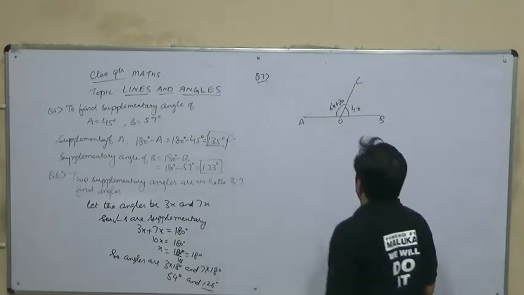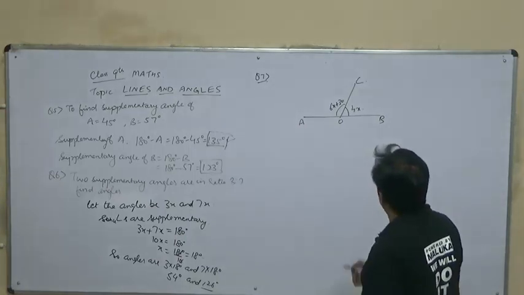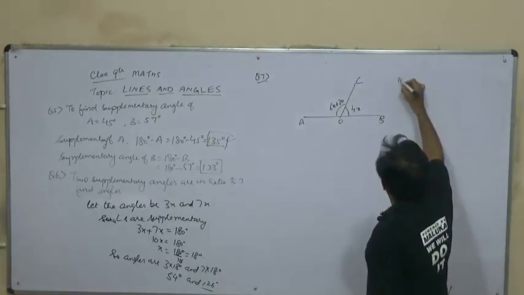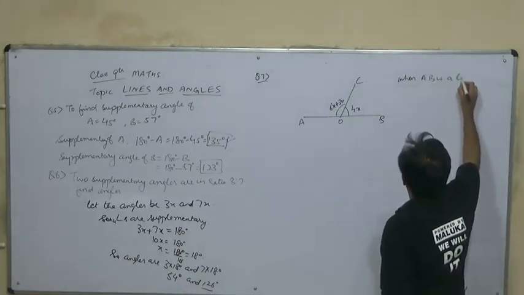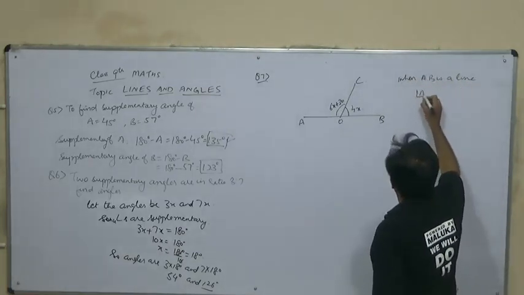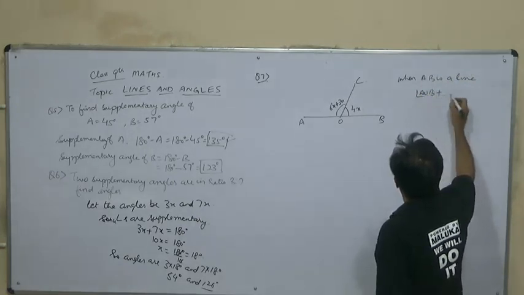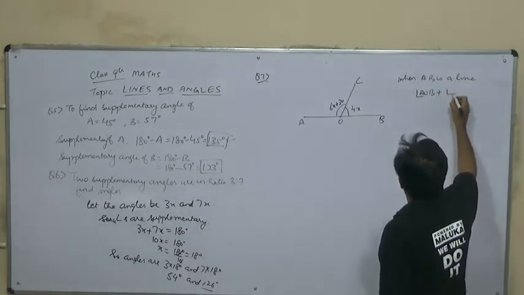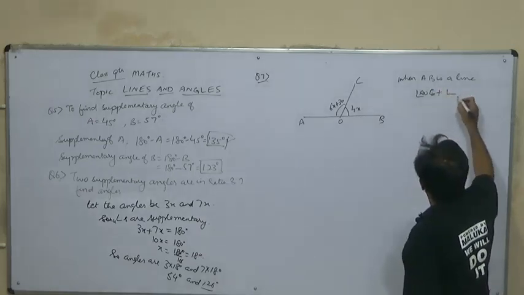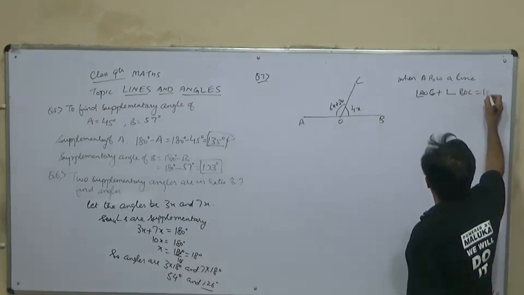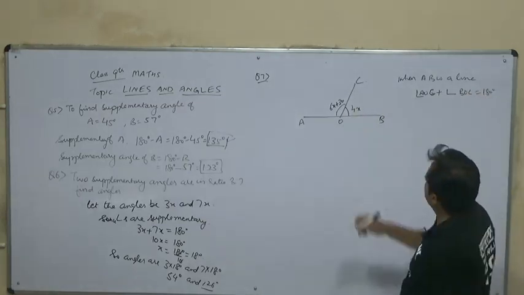So when AB is a line, what will happen? Angle AOC plus angle BOC will be equal to 180 degree. So these two form a linear pair.